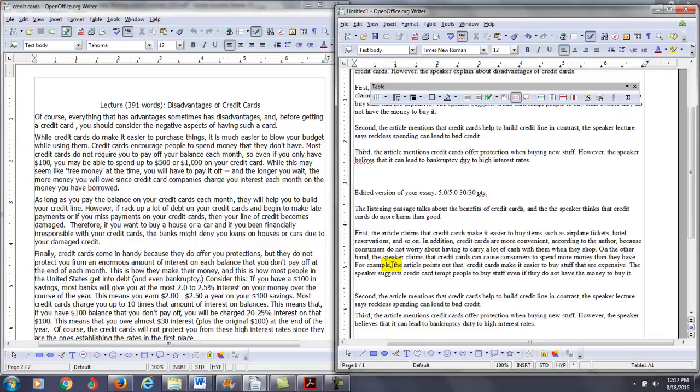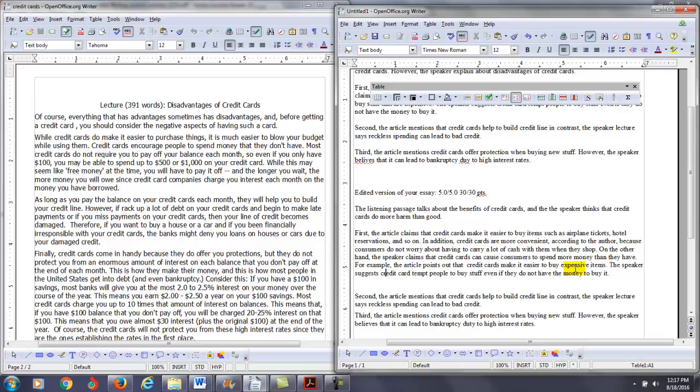Then we have, for example, the article points out that credit cards make it easier to buy, how about not stuff again, to buy expensive items.